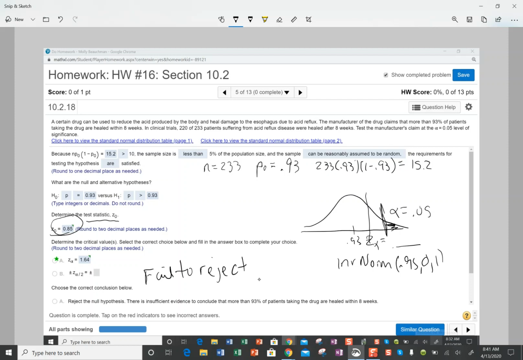So we're going to fail to reject the null hypothesis. That means there is not evidence that more than 93% of patients taking the drug are healed, which is what the drug manufacturer claimed. It's not far enough away. I hope that helps with the reasoning and how to find a critical value.